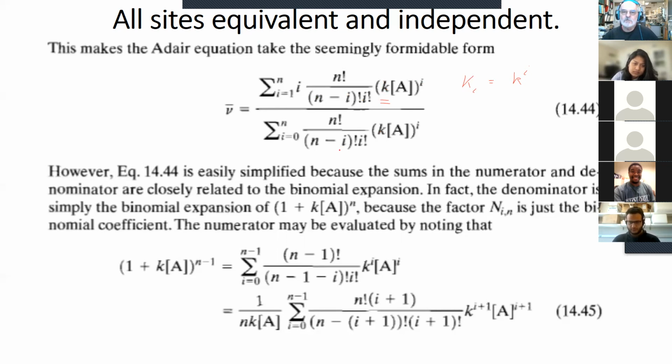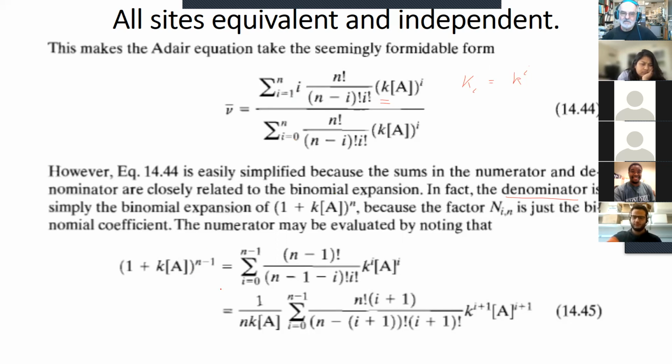Now we want to simplify this. It turns out that the denominator is nothing but the binomial expression (1 + Ka) raised to the nth power. And this is what you would get for any individual term if you added this out. It includes the 0th term. And you can substitute this for the denominator. The numerator doesn't start at 0, it starts at 1.